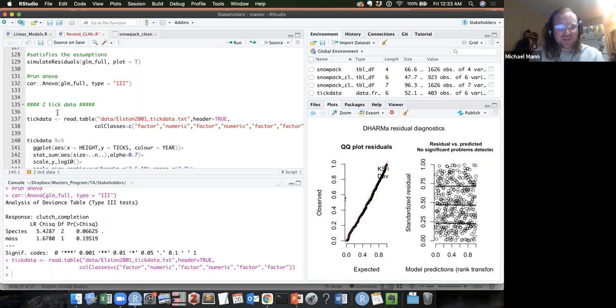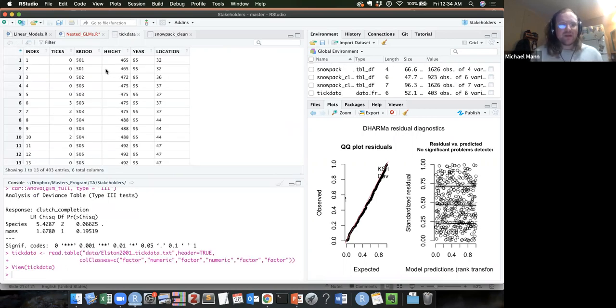So let's read in this data, this tick data. It's a really nice example of nested data. And so they have this index. So this is like the individual tick thing or sample. We won't really talk about the index here, but here ticks, this is the number of ticks they found. And then it's a location where they found it.